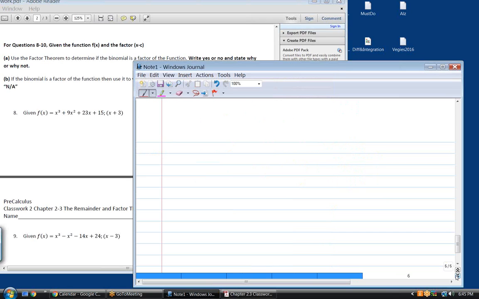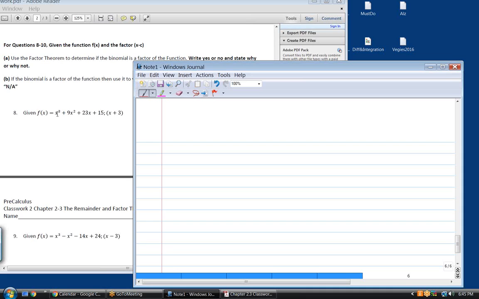Again, we're not using the rational factor theorem. When they say the factor theorem, I guess maybe they don't mean the rational. Have you had the rational factor theorem? No, I haven't. The rational factor theorem says that if you have a cubic and there is a rational factor, its numerator is a factor of the constant and its denominator is a factor of the coefficient of the highest degree term.